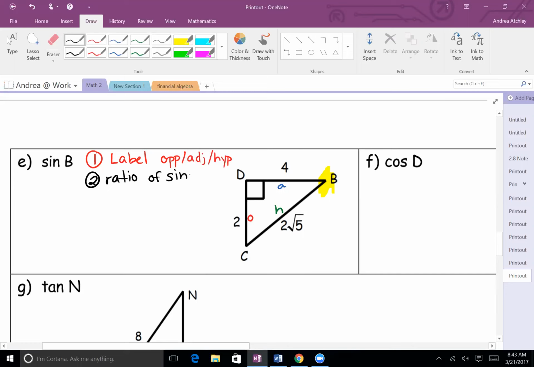Okay, Bree, what's the ratio of sine? Opposite over hypotenuse. Very good. I should probably write that better.